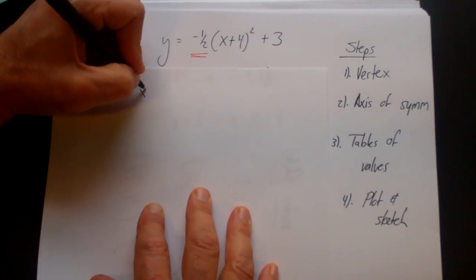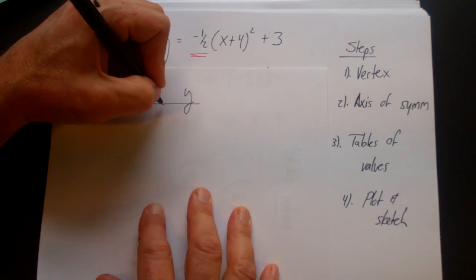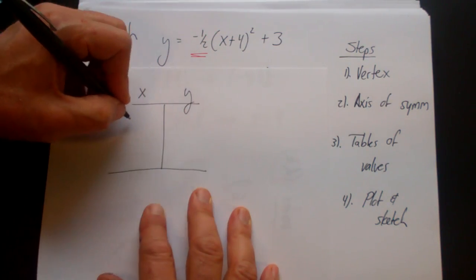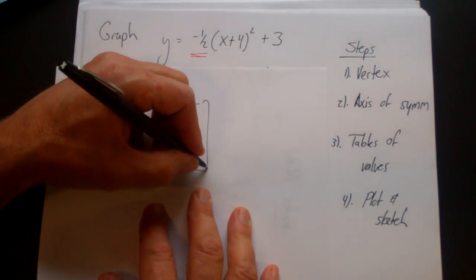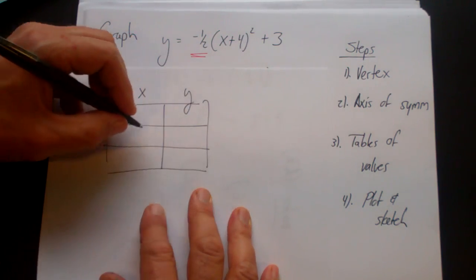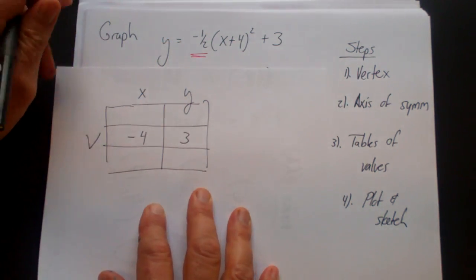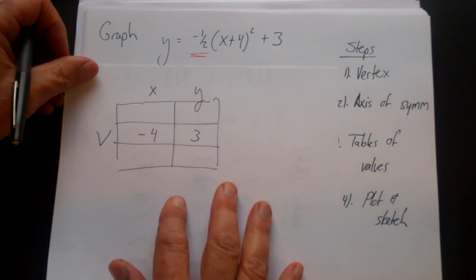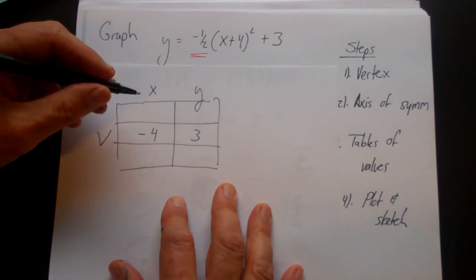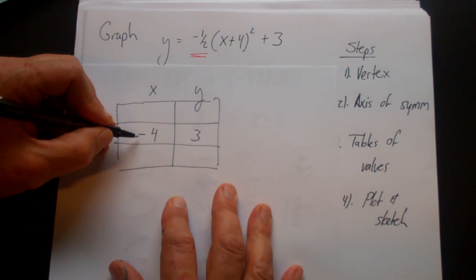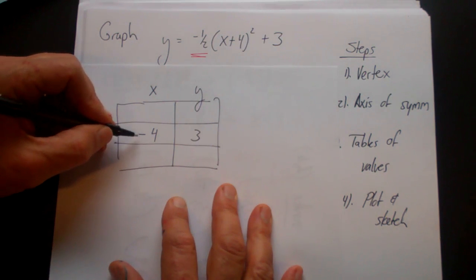Next, we're going to do a table of values. We're going to do an xy table. Let's put the vertex right here. That's going to be minus 4 and a positive 3. Choose any two x values you wish. I would choose one more positive and the second one more negative and get the same distance.